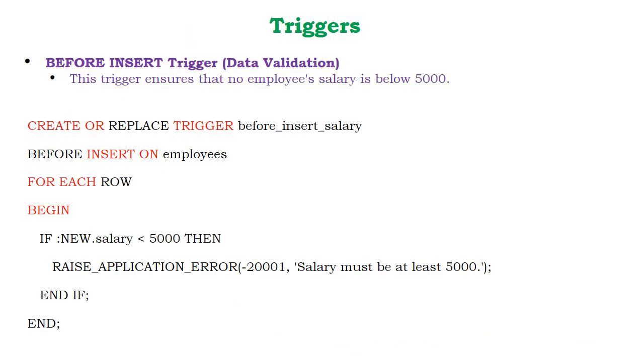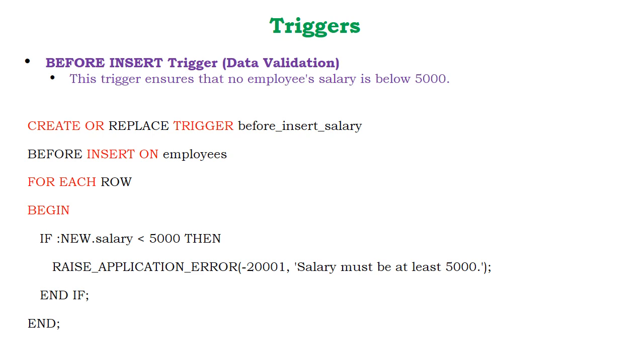Before insert trigger, that is data validation. The question is, the trigger ensures that no employee salary is below 5,000. Then how to write the trigger? Create or replace trigger and mention the trigger name, for example, before insert salary. In the next line, when you are going to take action, before insert on, mention the table name employee.